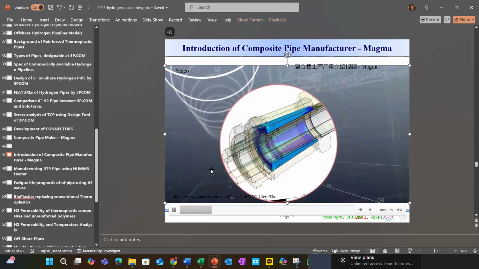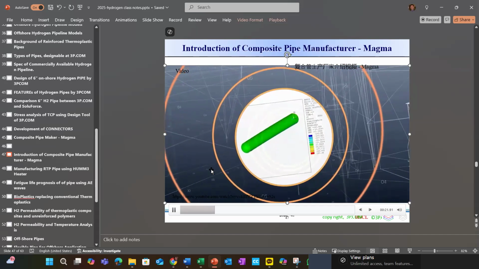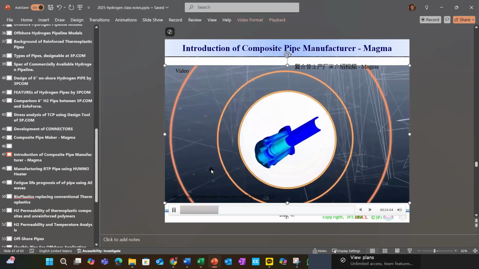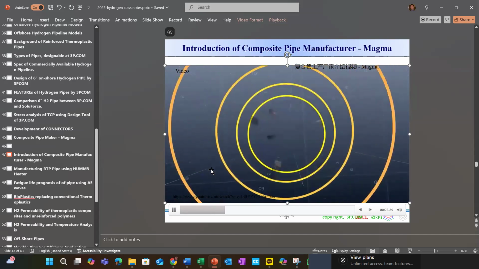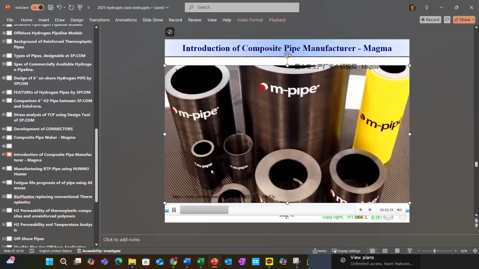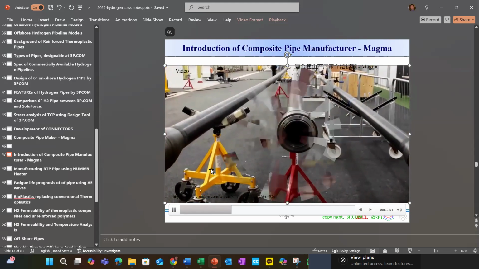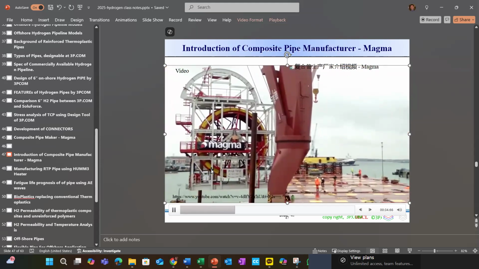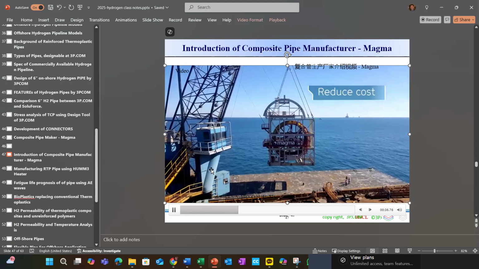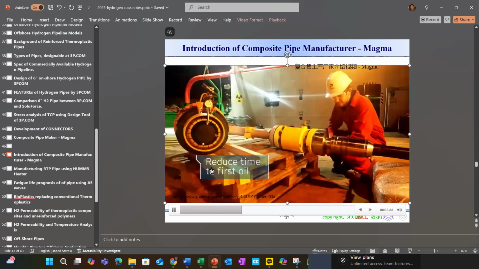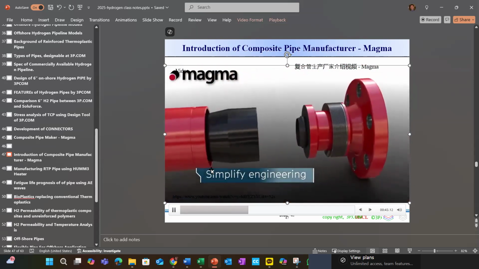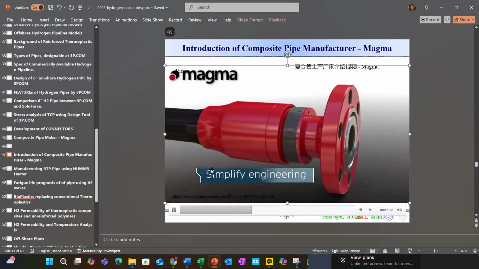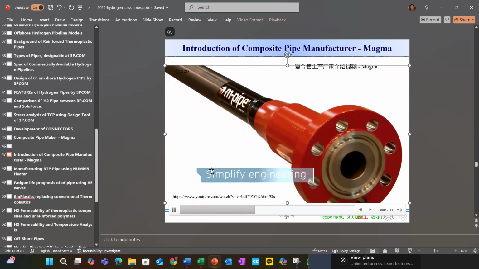Our response to the challenge is to use technology to deliver cost-effective development of deep water reserves. M-pipe is a game changer. Our aim is to reduce cost, reduce time to first oil, and significantly simplify engineering.